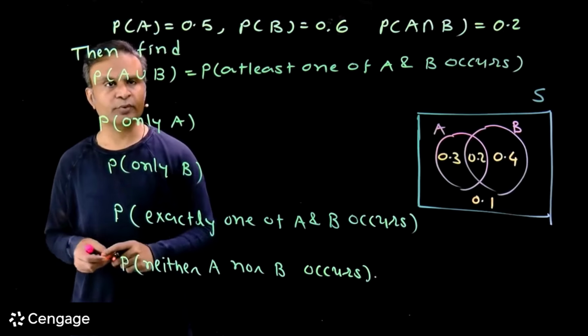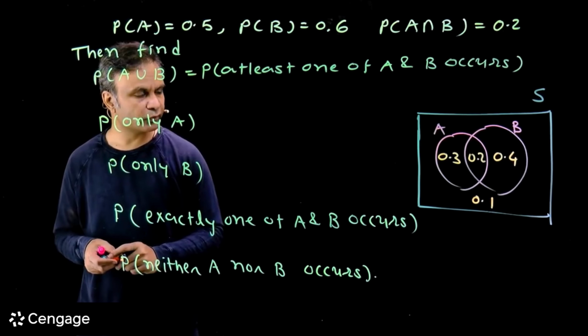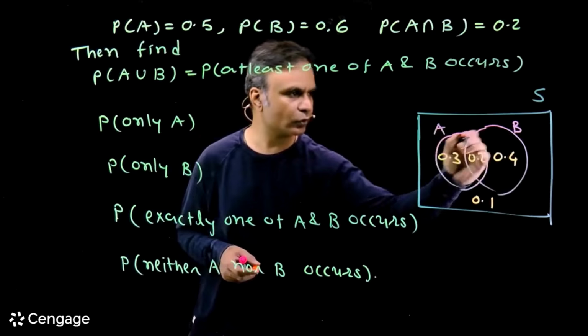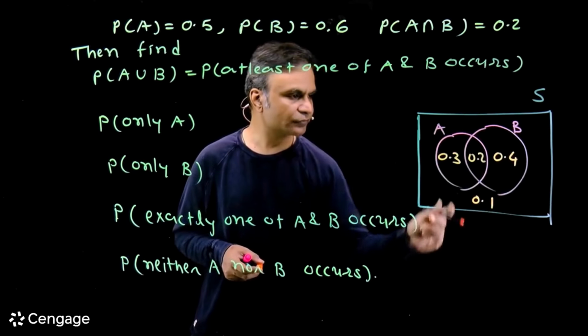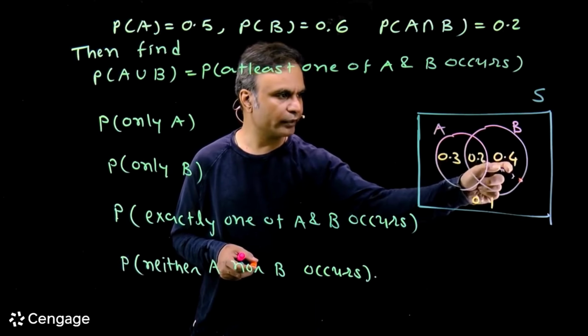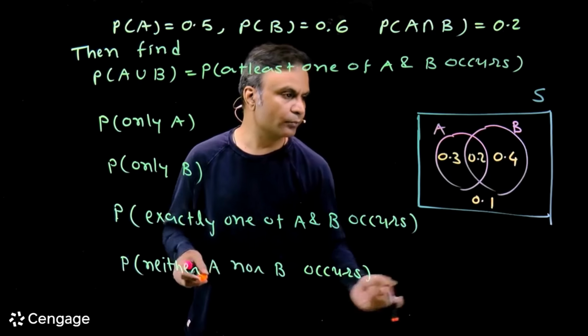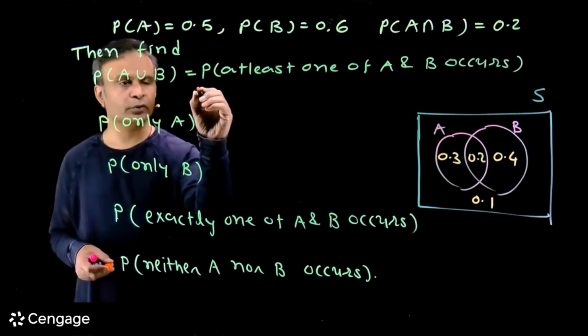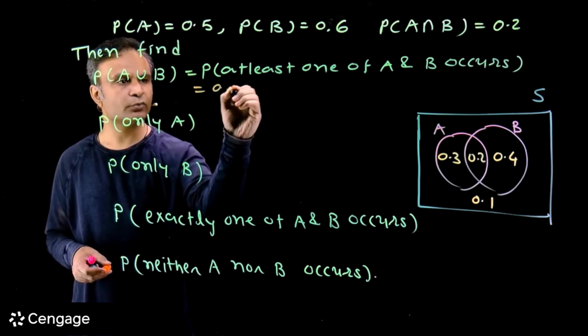Like here we have probability of A union B. A union B is the region of sets A and B. In this we have values 0.3, 0.2, 0.4. The sum of these values is 0.9. So probability of A union B is 0.9.